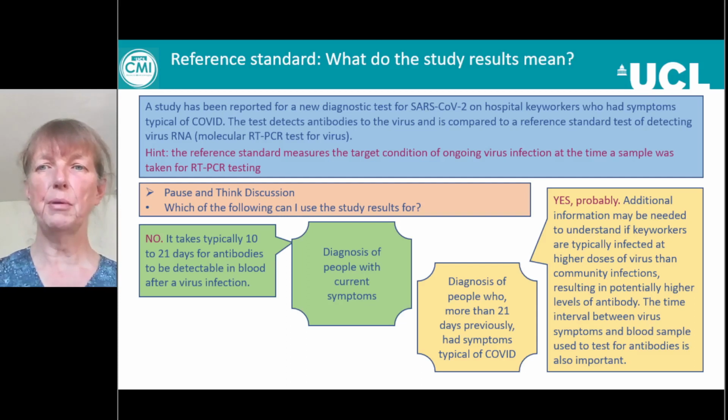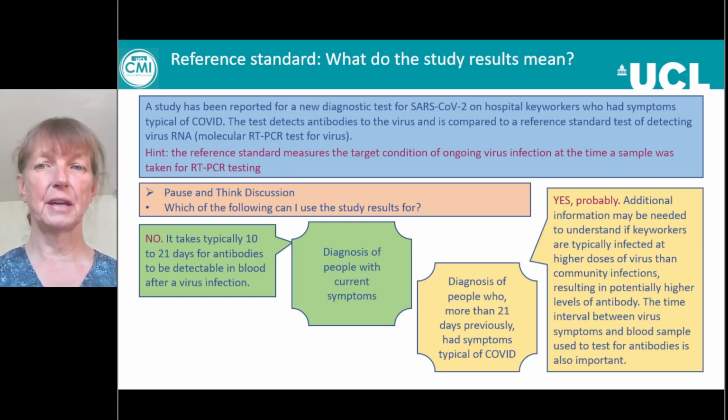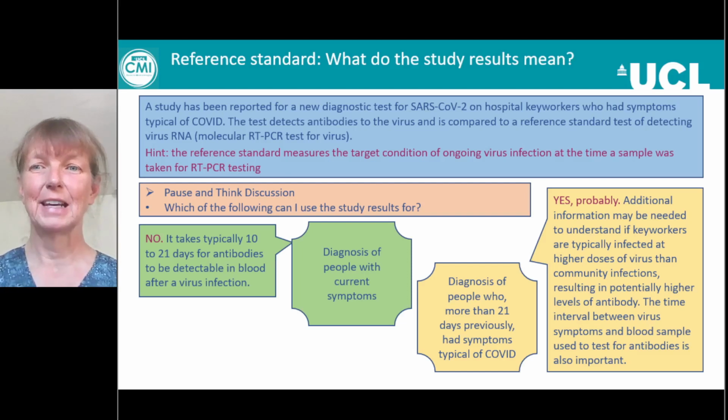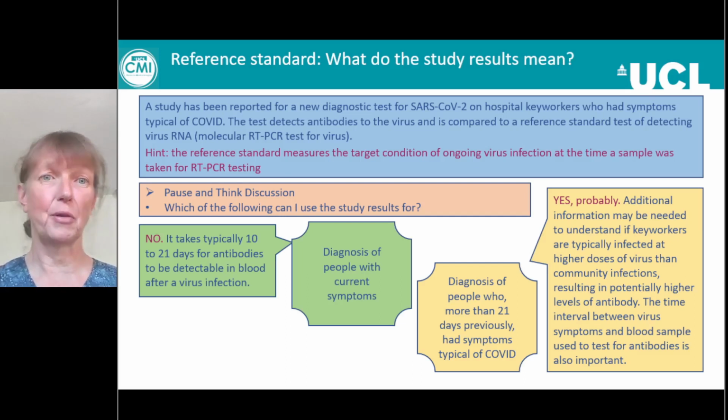However, this study used key workers who might typically have been infected at higher doses of virus than community infections, and that might result in potentially higher levels of antibody. So this is not quite the right population for that. It might be the best thing the test could be used on of the uses that were proposed.